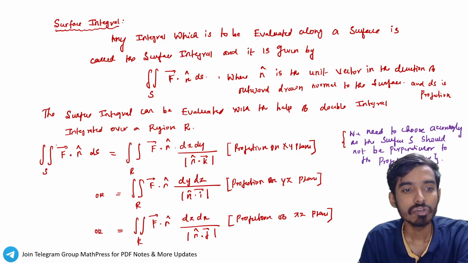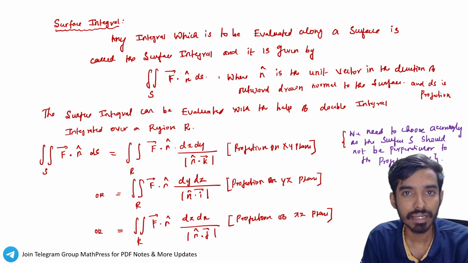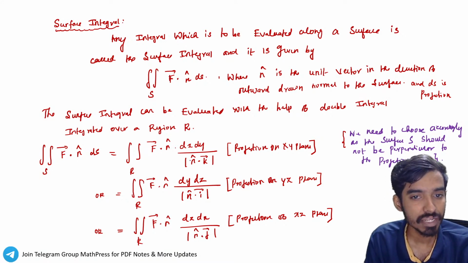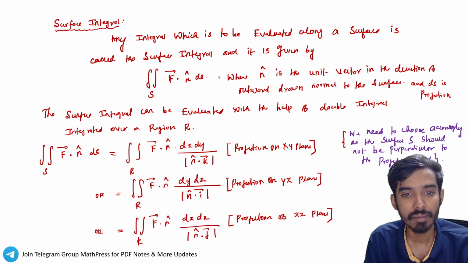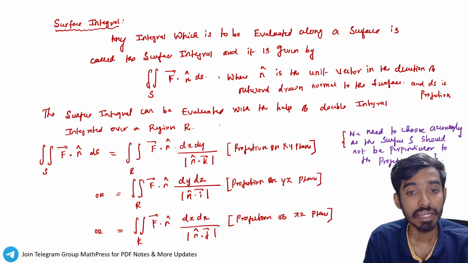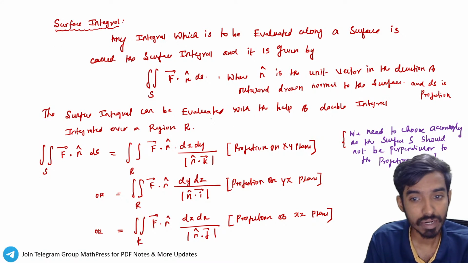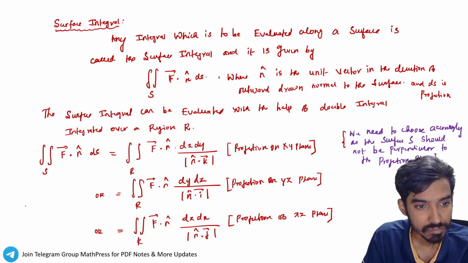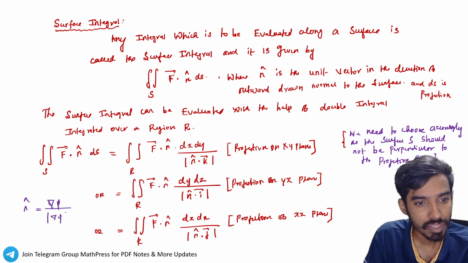So the double integral over S of f vector dot n cap dS is the double integral over R of f vector dot n cap, with dx dy divided by n cap dot k in place of dS, or you can use any of the others. Now the important thing is what is n cap? n cap is given by del phi by modulus of del phi, where phi is the surface.